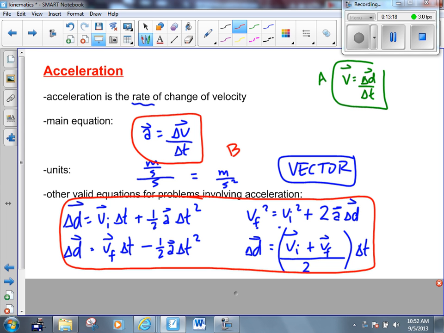Constant or average velocity, group A. Acceleration, group B. Now, how do you know which equation to use from our 5 group B equations? If we have constant velocity, we know we have to use v equals d over t. If we have acceleration, we have 5 options. Write down your givens, compare your givens with the equations in group B, and then look at which one fits the best. Simple as that.